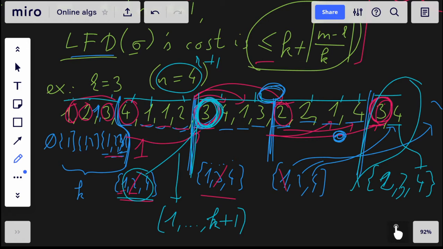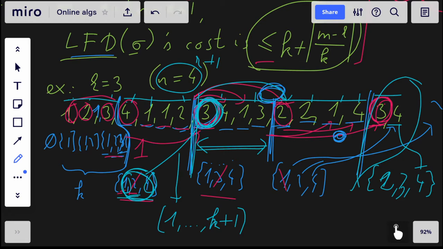This means that if, amongst these, say in this example 2 is the one which occurs the latest, then all the others, say 1 and 4, will also occur within this phase.